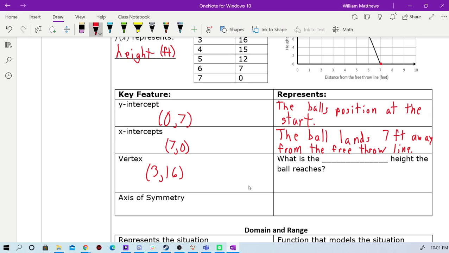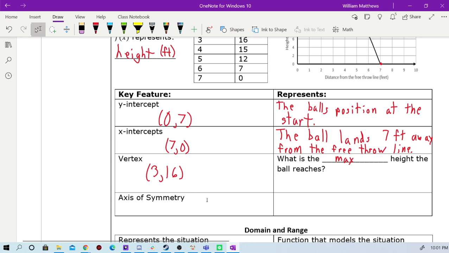What this location means to us is the max height. So if we wanted to answer this question, we would say the max height was 16 feet, 3 feet from the free throw line.